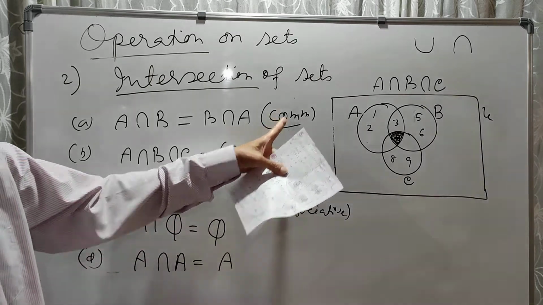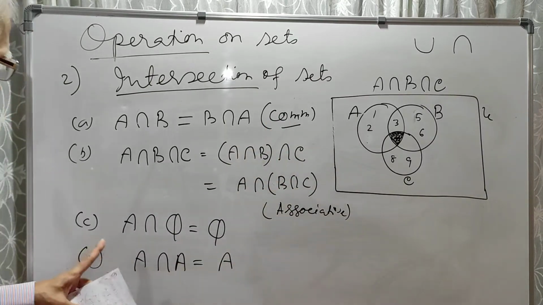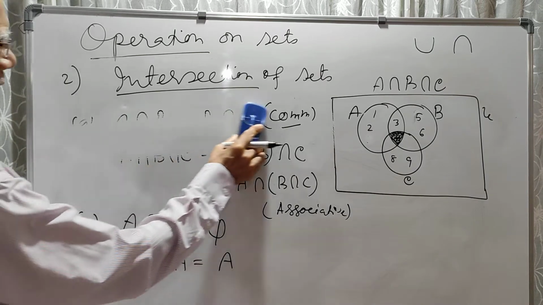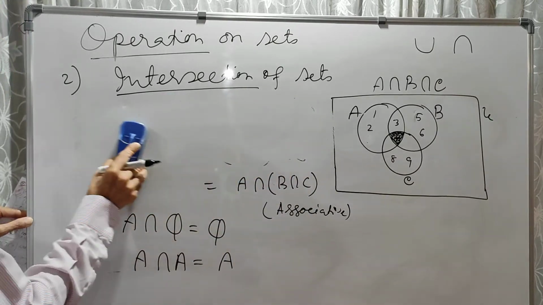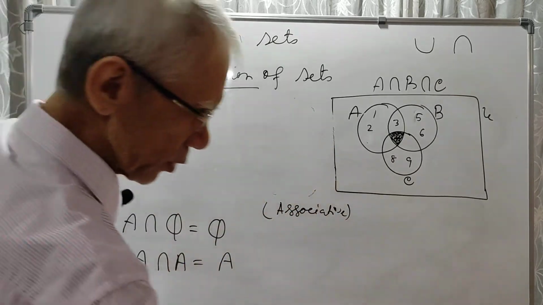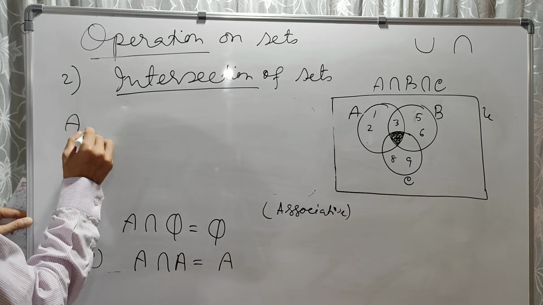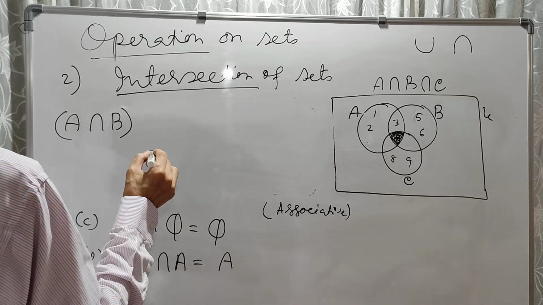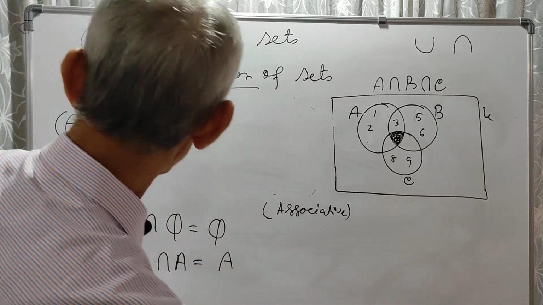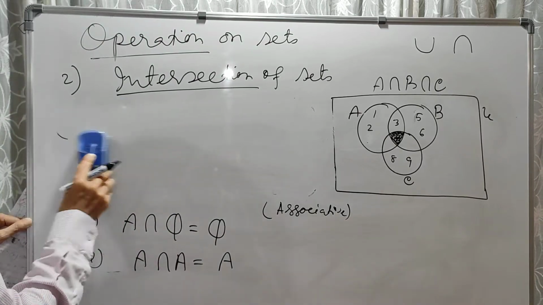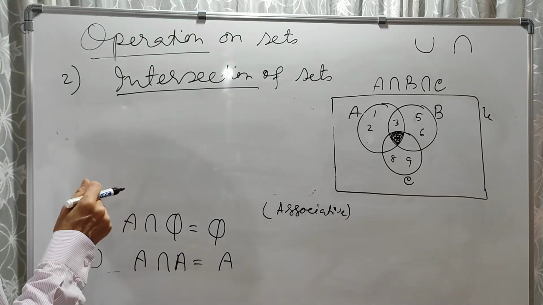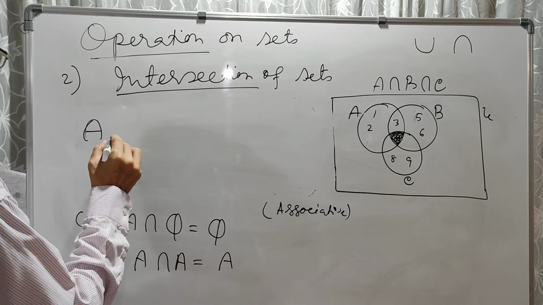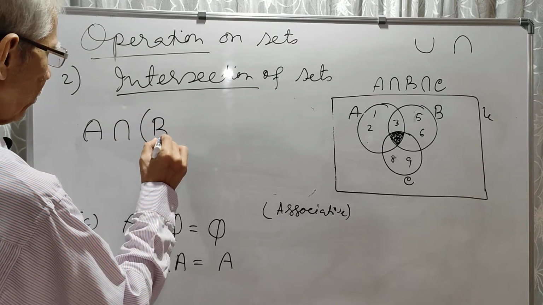There is another property, which is the distributive property. Union has only commutative and associative, no distributive. But in case of intersection, we have a distributive property. The distributive property is this: A intersection (B union C).